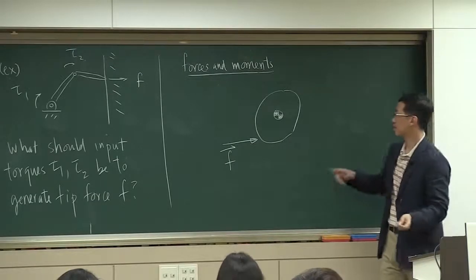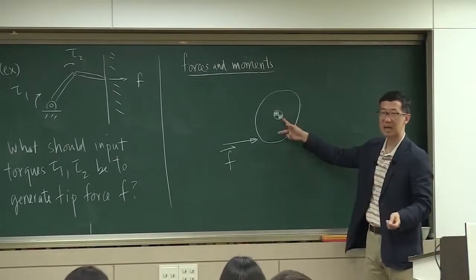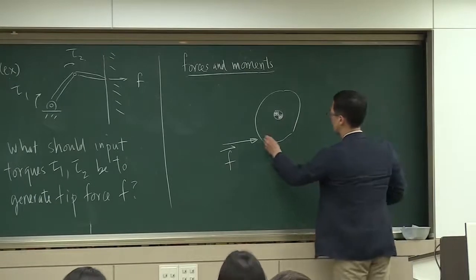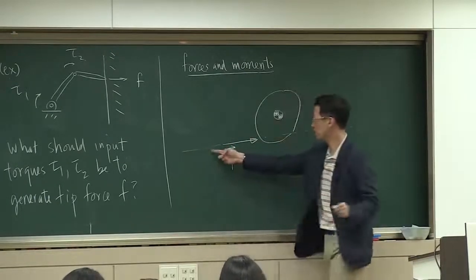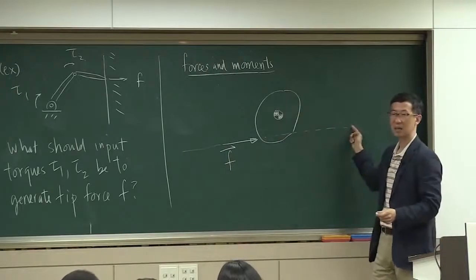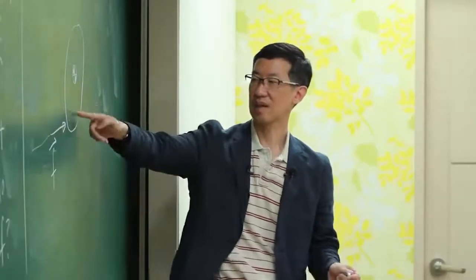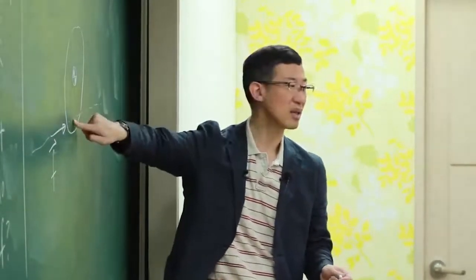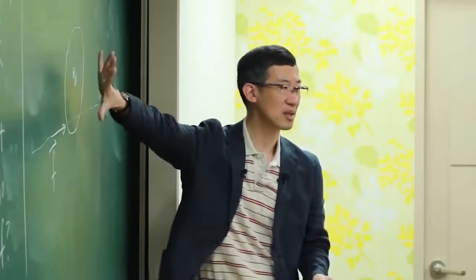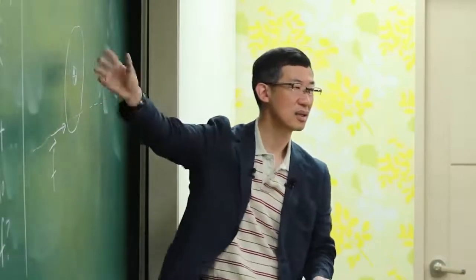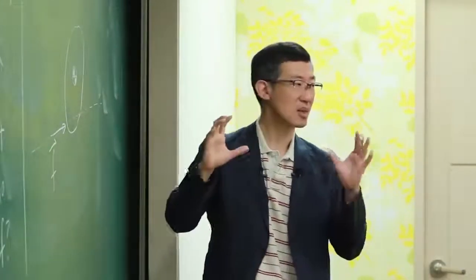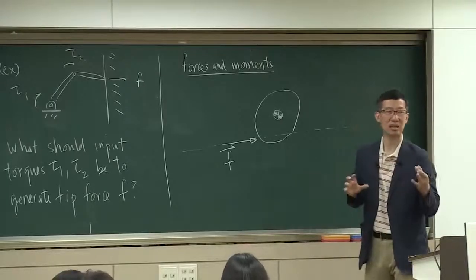Now, as long as the center of mass is not on the line of action of the force, so here's the force and here's its line of action, what's going to happen to this object? There's going to be some rotation, right? That's what the moment captures.